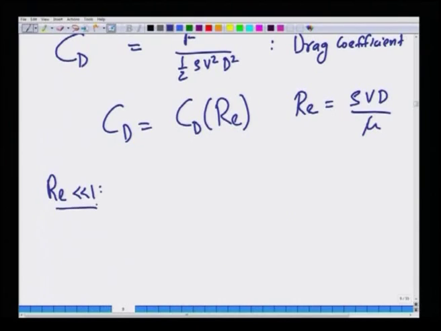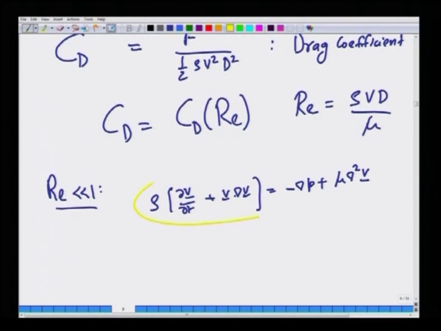If you remember the Navier-Stokes equation, we have rho times partial v partial t plus v dot del v is minus del p plus mu del squared v. Let us not worry about gravitational body force effects now. Now, when the Reynolds number is small, the inertial terms are very small compared to the viscous terms and the pressure forces. So, this can be neglected, and these equations are called the Stokes equations.